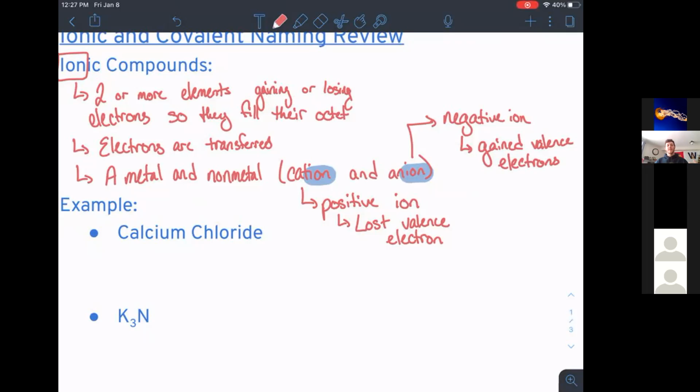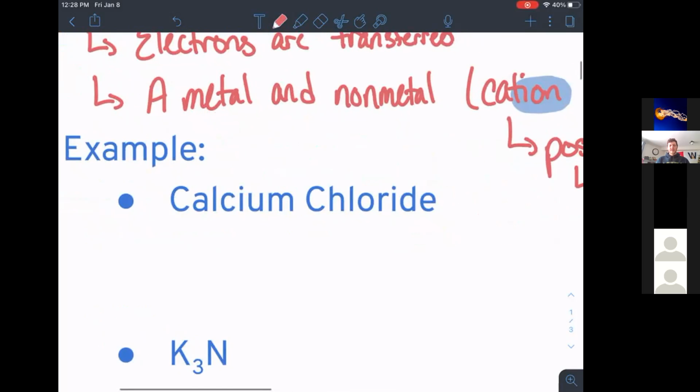So now we have to remember how to actually name and write the formulas for these ionic compounds, because that's something we're going to have to do the rest of the semester. That's why we're coming back. We're starting with it over again just to give ourselves a refresh. So we're going to look at these 2 elements. The first thing we want to notice is that it says calcium chloride.